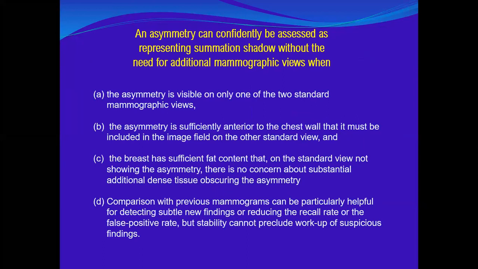The asymmetry is visible only on one view of the two standard mammographic views. The asymmetry is sufficiently anterior to the chest wall, that is, it must be included in the image, in the field of view, on the other standard view.